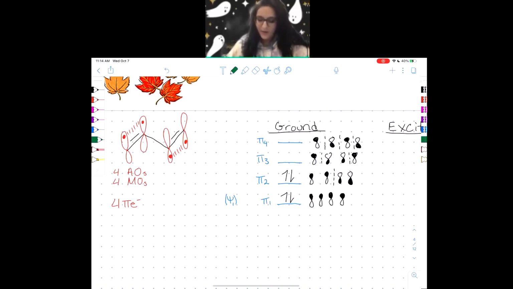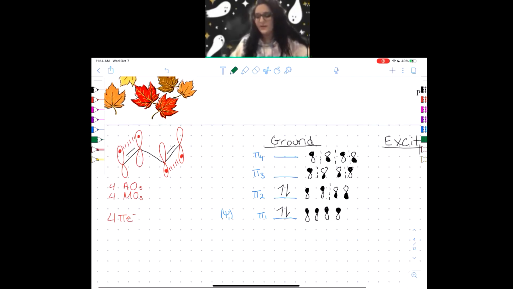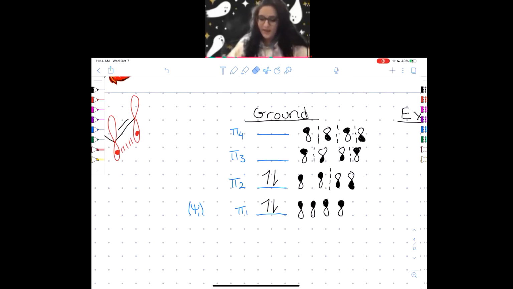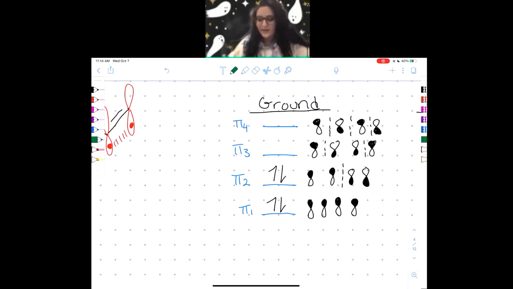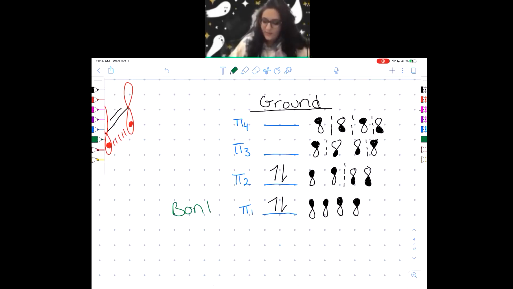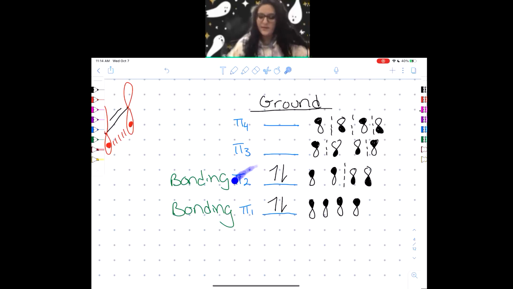So the bonding orbitals are just going to be the ones that have electrons in them, and antibonding will be the empty ones. So pi 1 and pi 2 will be bonding. And notice that in this case, the number of bonding and antibonding are going to be equal.